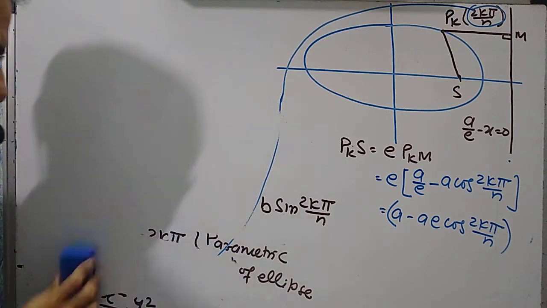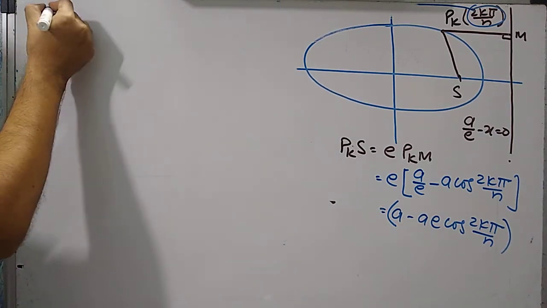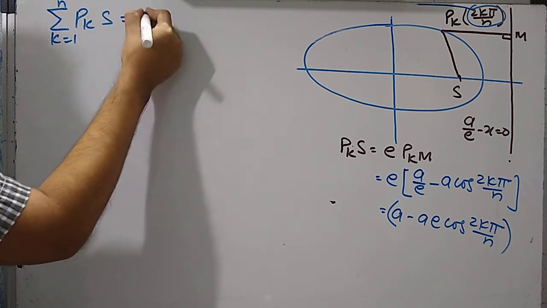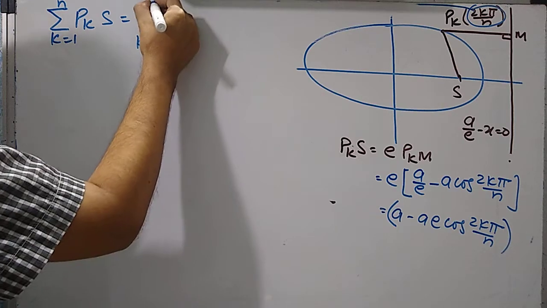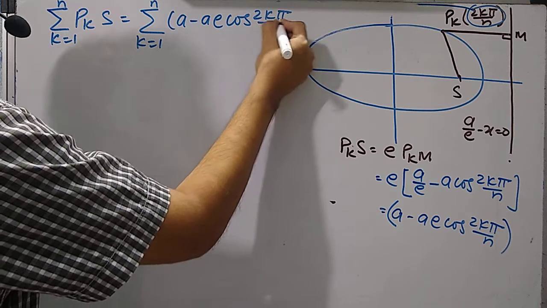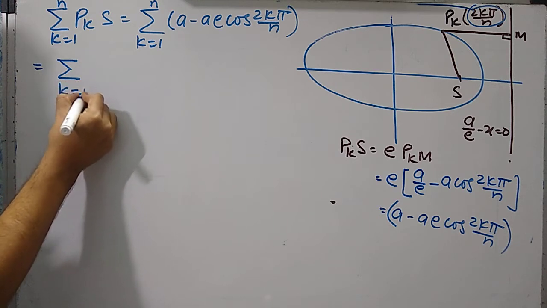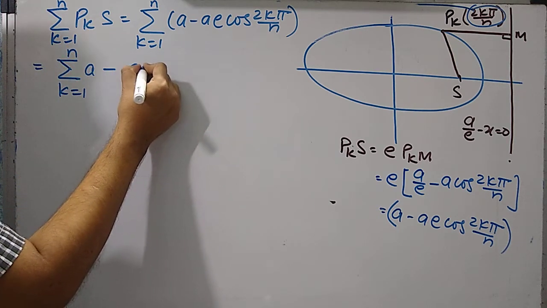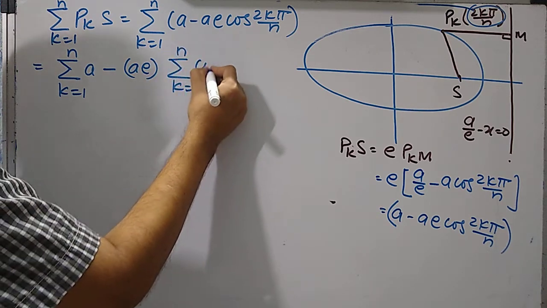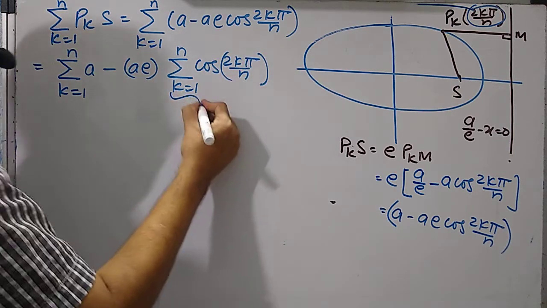So sigma of pks, k equal to 1 to n, equals sigma k equal to 1 to n of a minus ae cos 2k pi divided by n, and this is sigma k equal to 1 to n of a minus ae sigma k equal to 1 to n of cos 2k pi divided by n. Now this term is very important.